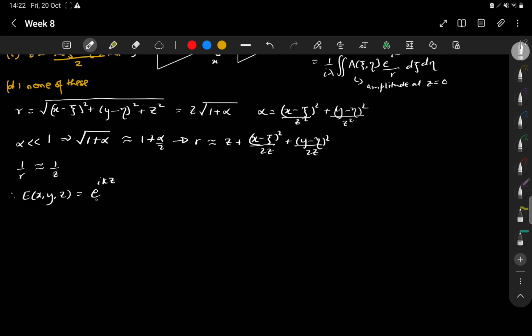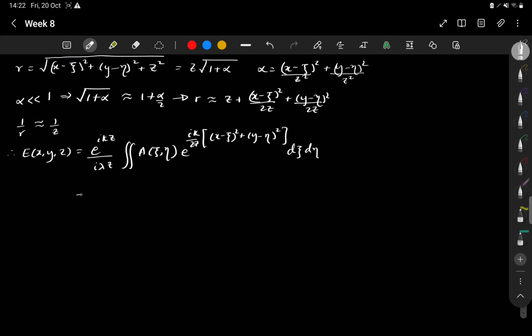I can take e to the power ikz out of the integral. It's a constant. Integral over the aperture. I can take this x squared plus y squared term in the exponential out of the integral.